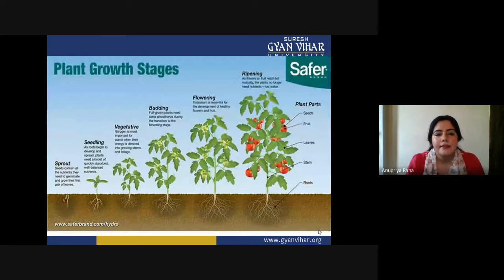You can see here some growth stages of the plant, like a very primitive stage when the plant is in the form of a seed. Then sprouting, when the root comes out of a seed. Even we eat sprouts.